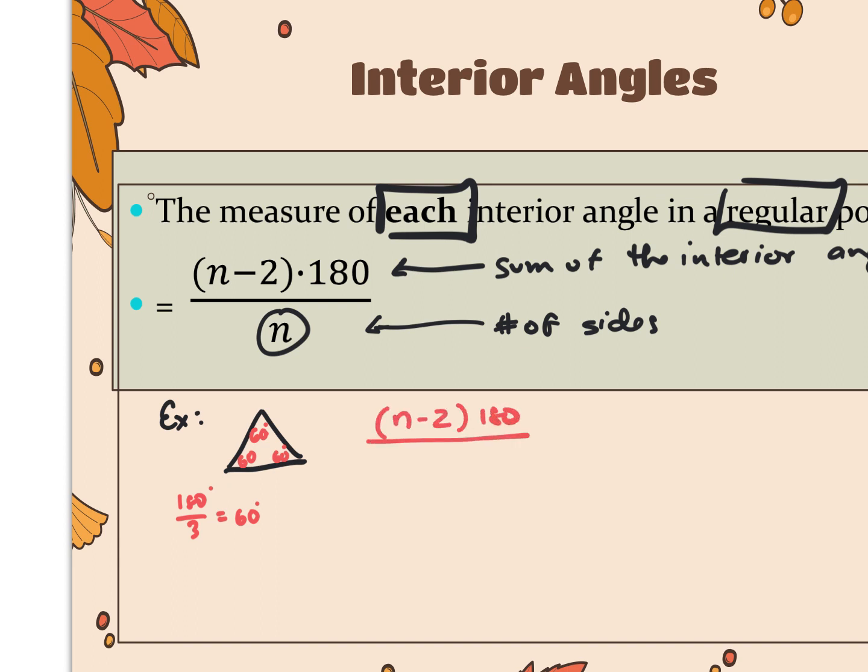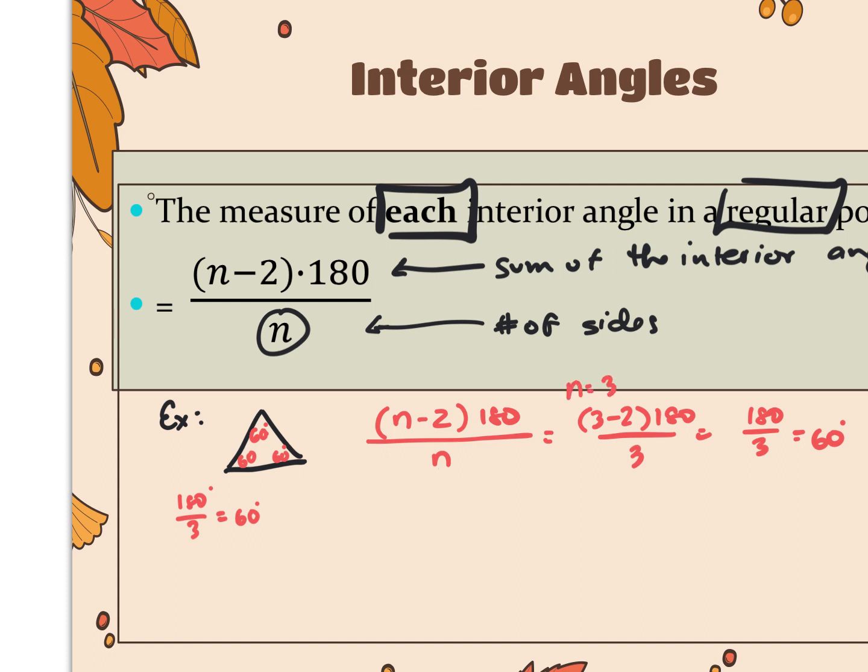That's going to give me the sum of all 3 of them. And then if I divide by n, it's going to give me each individual angle. Well, let's apply it. 3 minus 2 times 180 over 3. Notice that's 1 times 180 divided by 3, and it's 60 degrees. So this is obviously if n is 3.